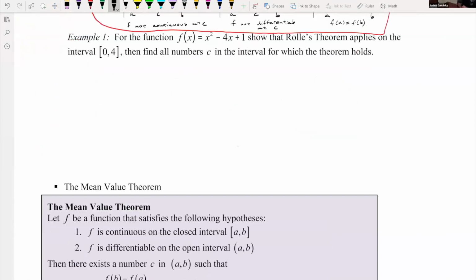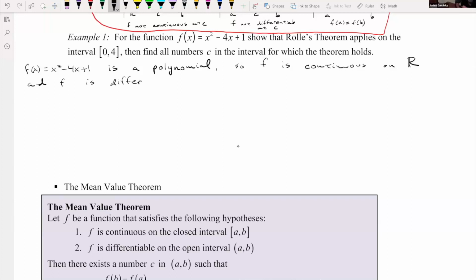So I'm going to say f of x equals x squared minus 4x plus 1 is a polynomial. So f is continuous on the real line, on all of R, and f is differentiable on the real line.